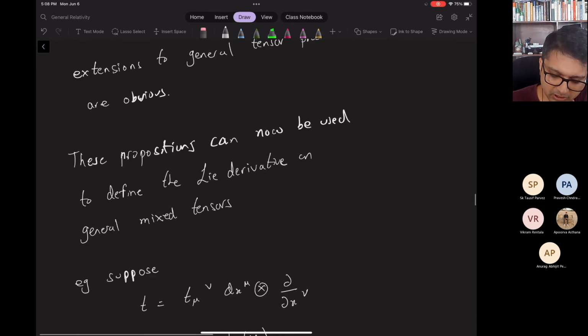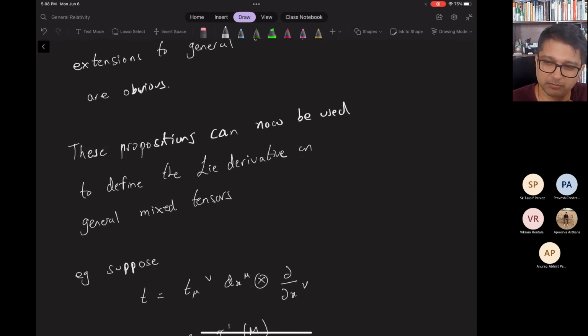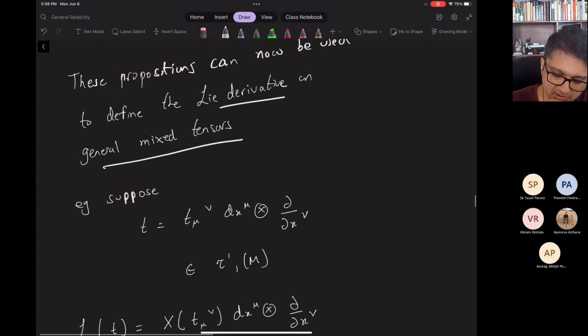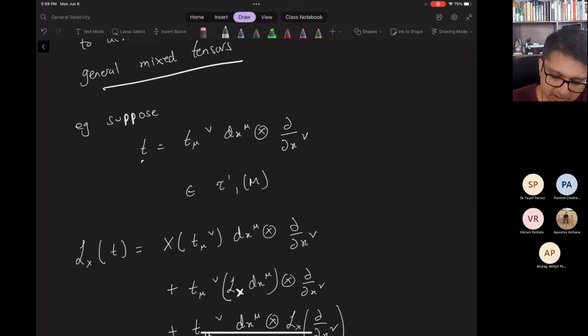Now you can use these propositions. Now that you've defined the Lie derivative on tensor products, you can use this to define the Lie derivative on any general mixed tensor. Any general mixed tensor T can be written as some basis coefficients times dx^mu and partial x_mu, a product of some number of vectors and some number of dual vectors.